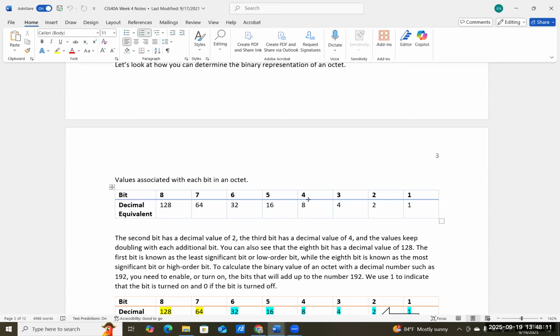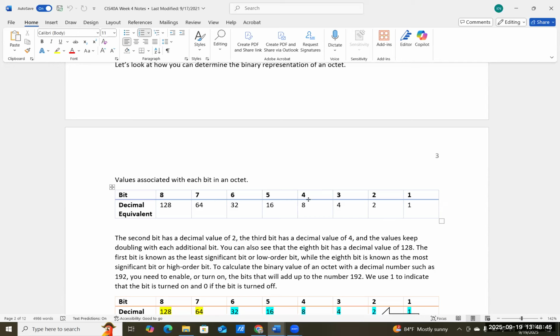So exponentially, when we go from right to left, we would say 2 to the power of 0, 2 to the power of 1, 2 to the power of 2, and so on, because it's a base 2 number. So the first decimal equivalent for the first bit is always going to be 1, right? And I take 1 and multiply it by 2. The next bit's decimal equivalent is going to be 2. And then for the third bit, if I take 2 times 2, I get a 4.